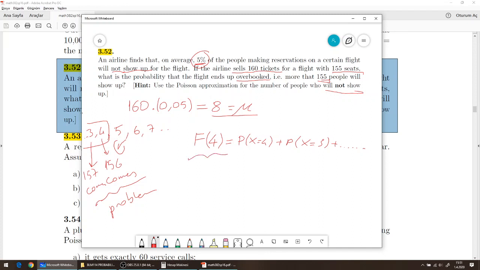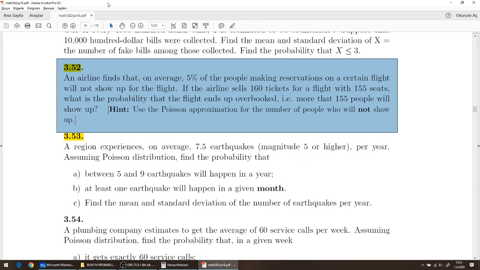Uppercase F4, we will read it from the table with what? With mu equals 8. Let's go to the table. 8 and 4, don't forget.